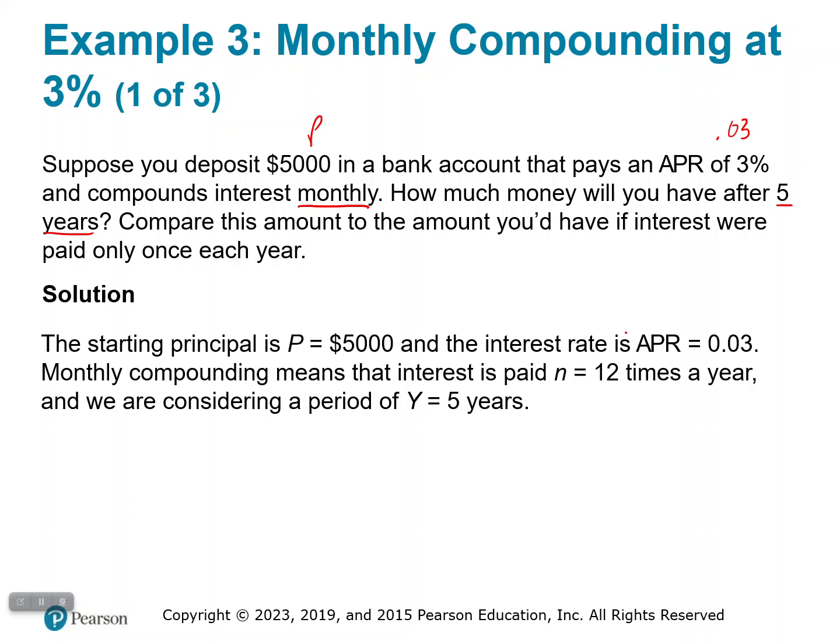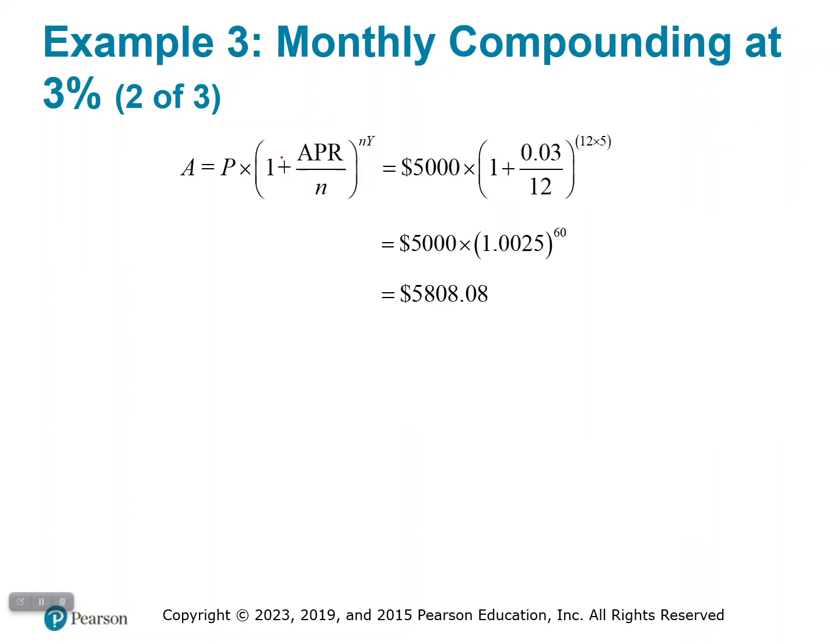So we find the values for each one of our variables in the formula, and we can substitute. Our accumulated amount will be the principal of $5,000 times, in parentheses, 1 plus 3% compounded monthly, close the parentheses, monthly for 5 years. All right, how long? Monthly for 5 years.